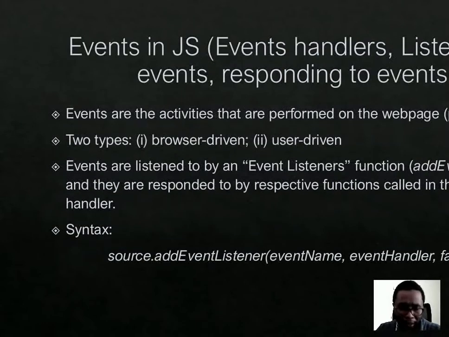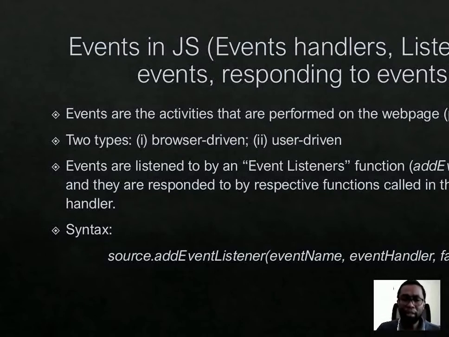Now, events, we did talk about this in some lecture. We said that these are activities that are performed on the web page. Now that's very important. And we have two types of activities: browser-driven and user-driven events.